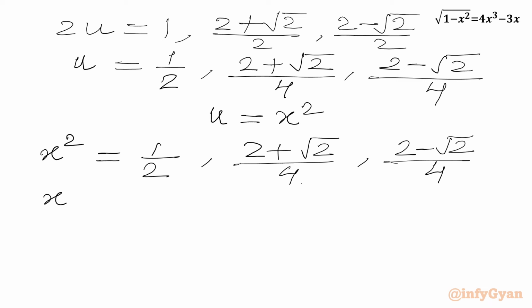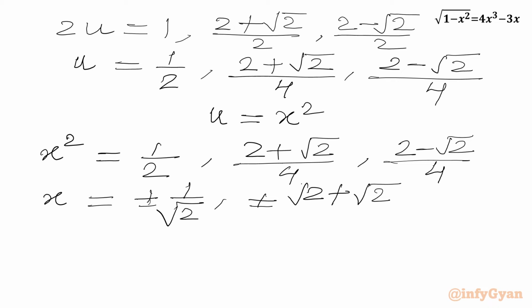So we are going to get x equal to plus minus 1 over root 2. Here I will write plus minus sign. In numerator, we'll put a square root. So 2 plus root 2 over square root 4. So I can write 2 here. Plus minus square root 2 minus root 2 over 2.